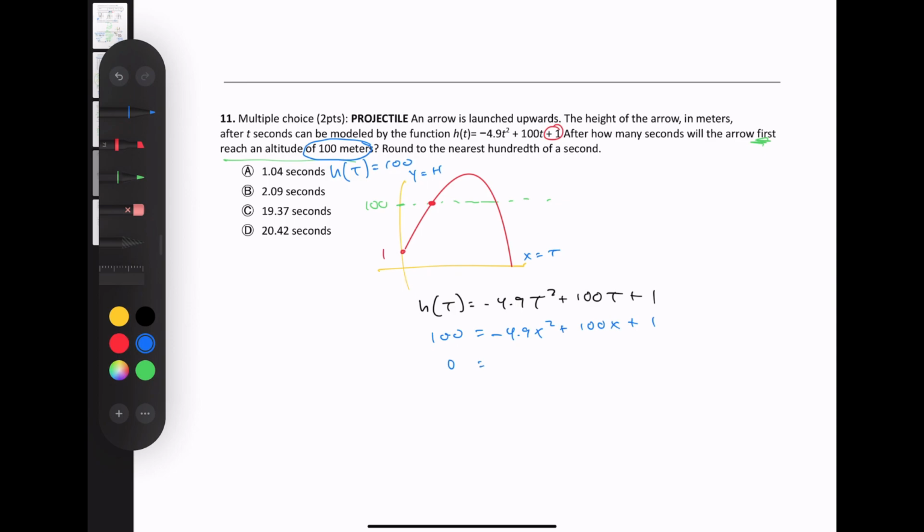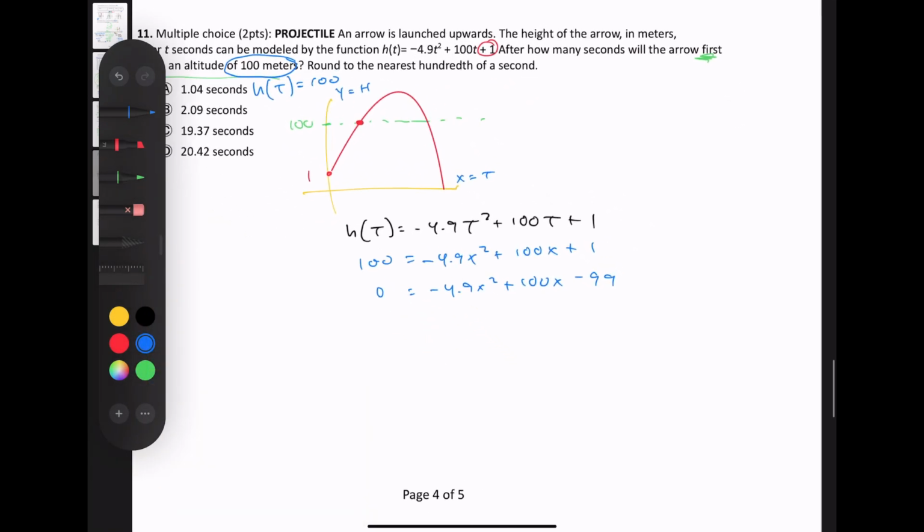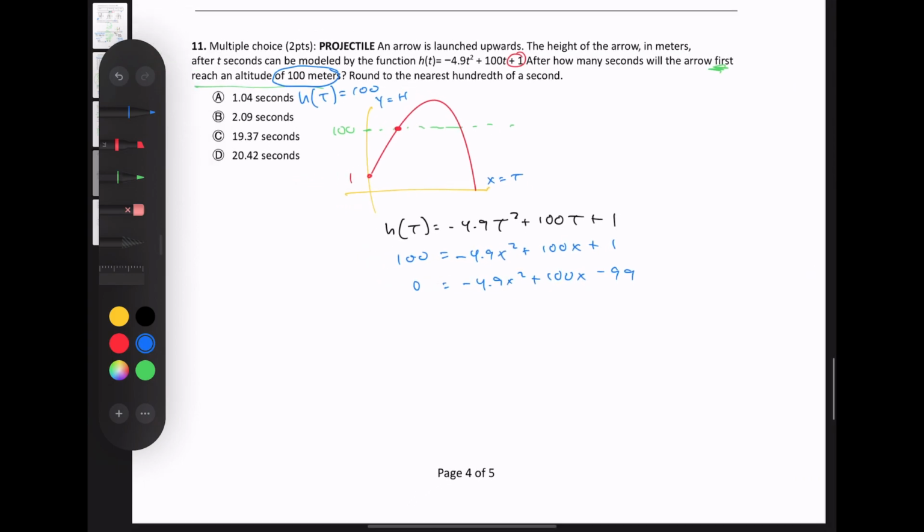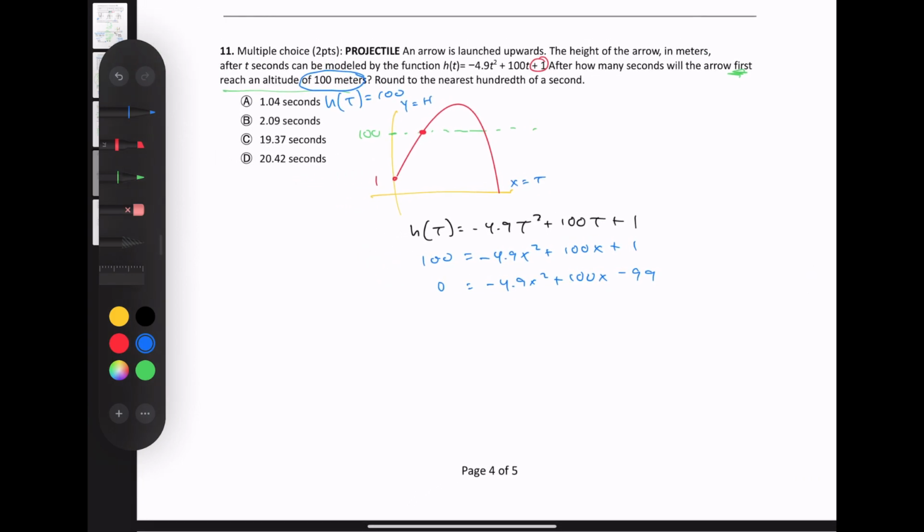If I subtract 100, and I can just put that equation in. Let me write that down. So negative 4.9 x squared plus 100 x minus 99.